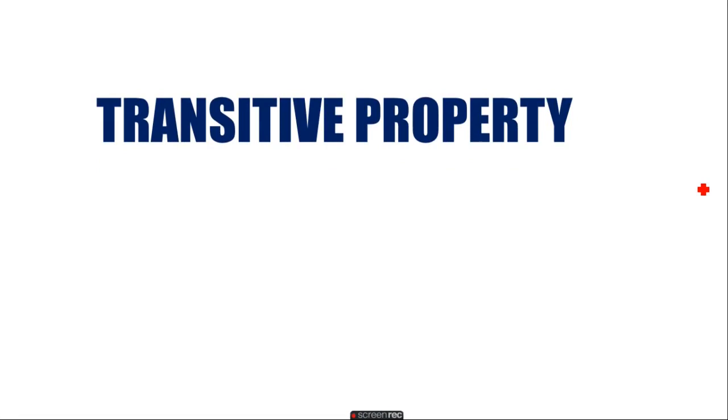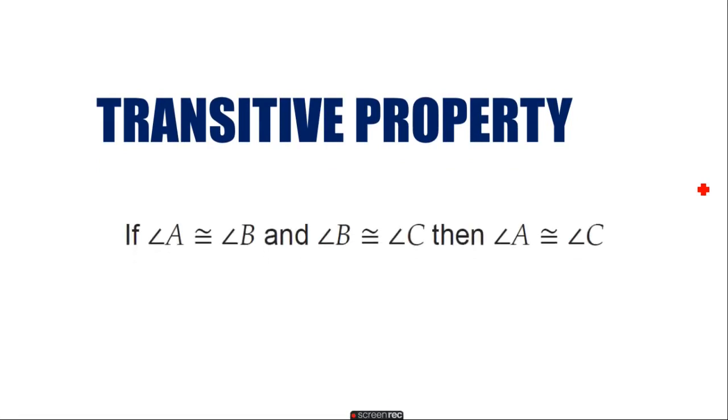Okay, next, we have the transitive property of congruence. In the transitive property of congruence, we're just going to relate all of the given angles.